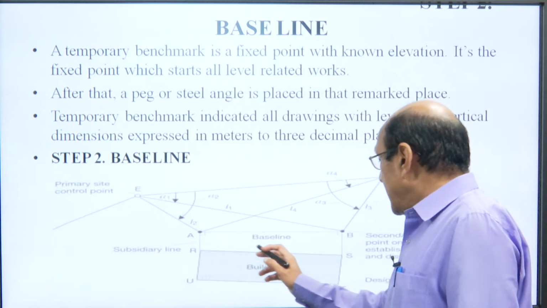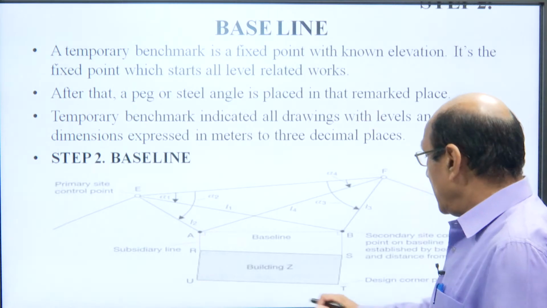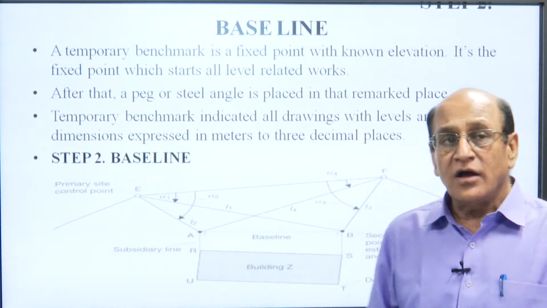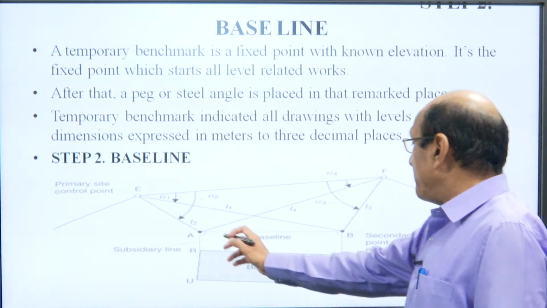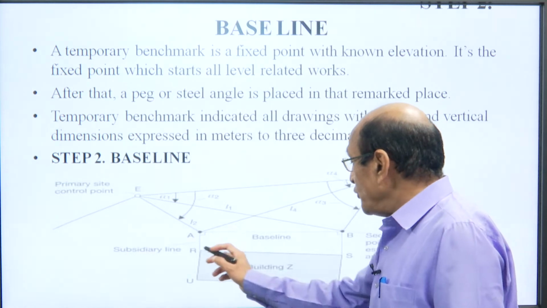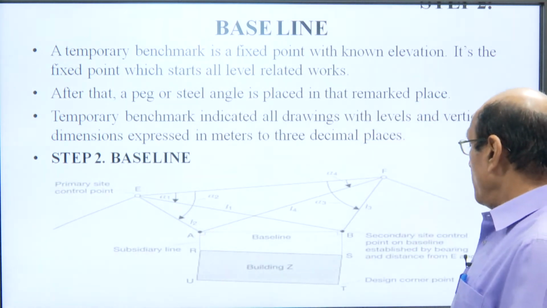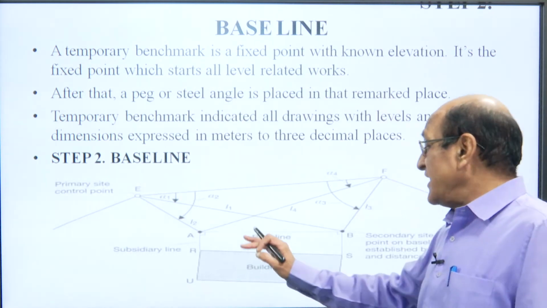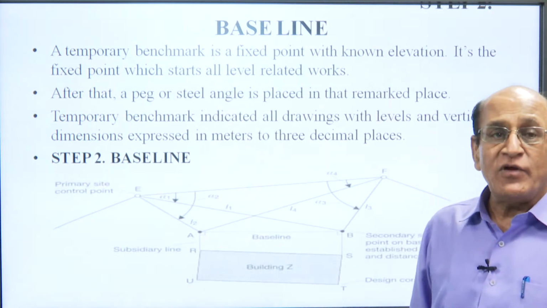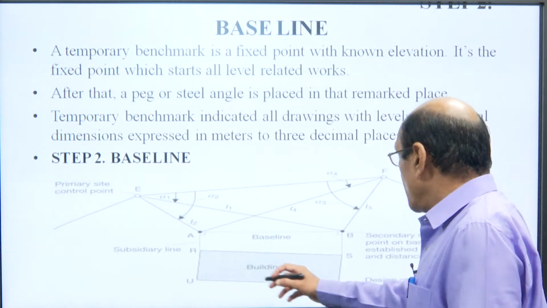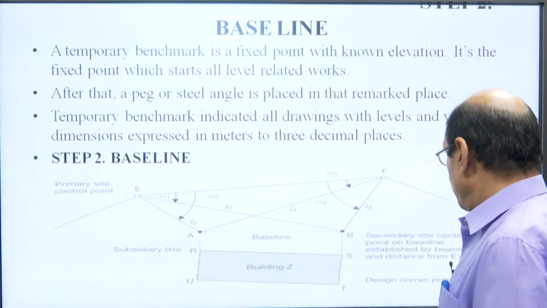Now, our building area is located in RUST, that is the location. So, from the baseline we can easily calculate the position of R, position of U, position of S, position of T, and we can connect each, and then we will get the exact location of the building.